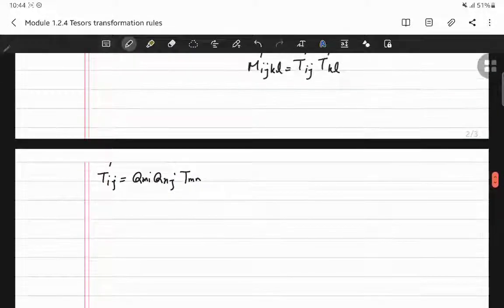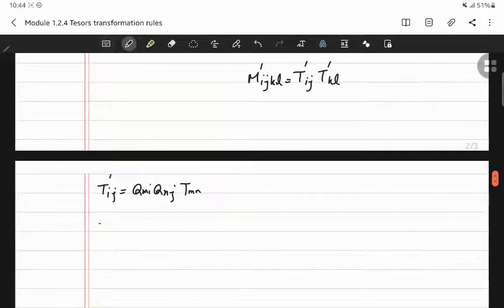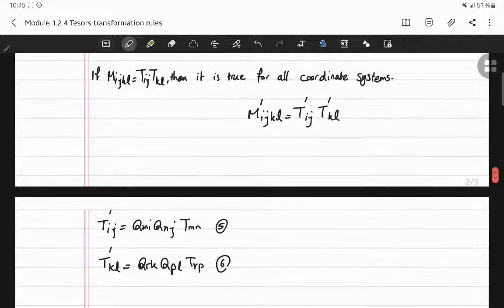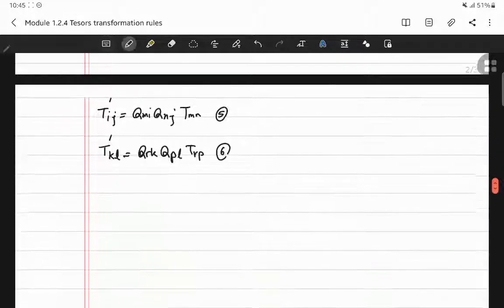And I have T prime kl, which is equal to Q_rk Q_pl T_rp. So I have these, maybe 5 and 6, and I call this 4.